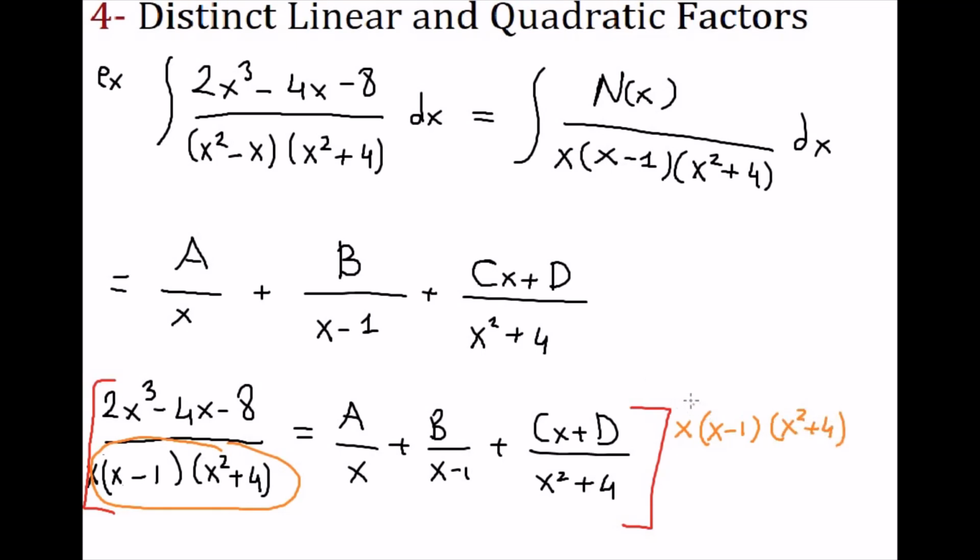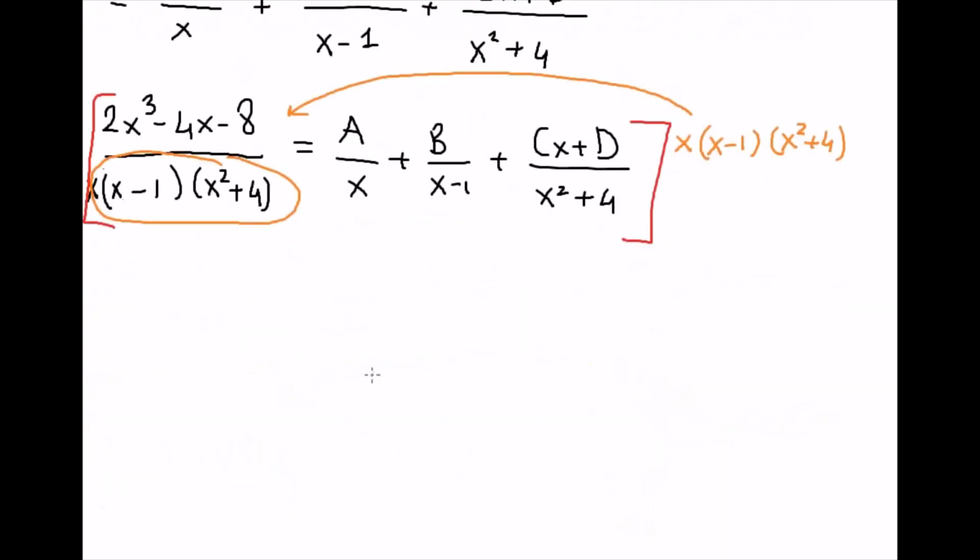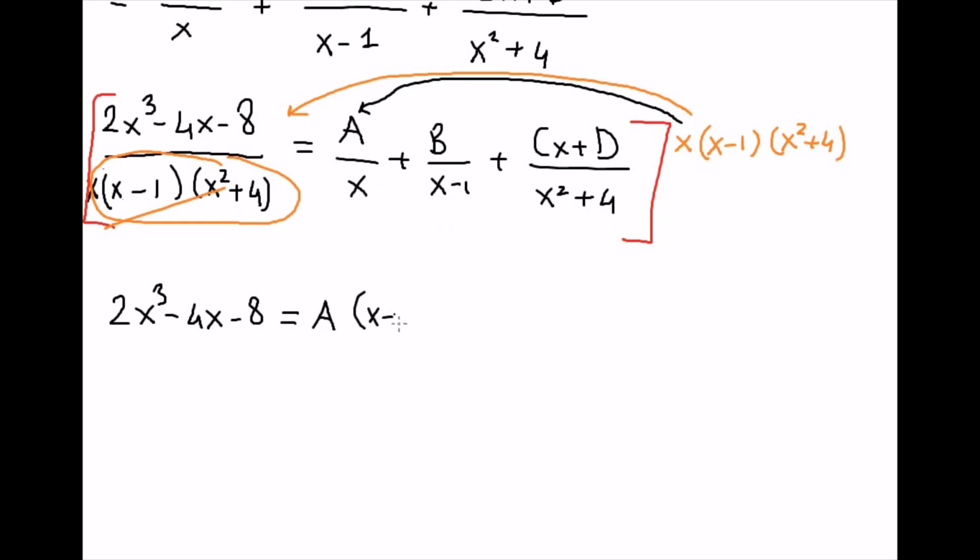If we multiply the LCD with the first term, we obtain only the numerator, because the denominator cancels. So we obtain 2x cubed minus 4x minus 8 is equal to, and if we multiply it with the second term, only the x cancels out, so it is A times x minus 1 times x squared plus 4.